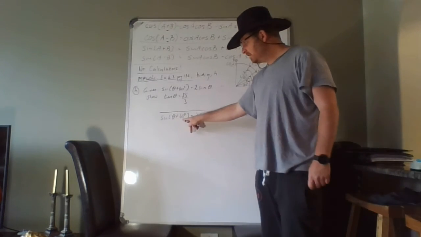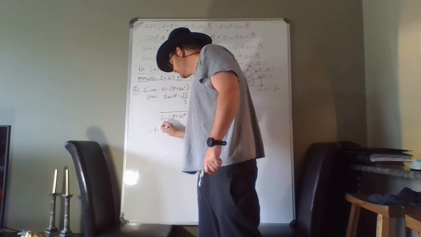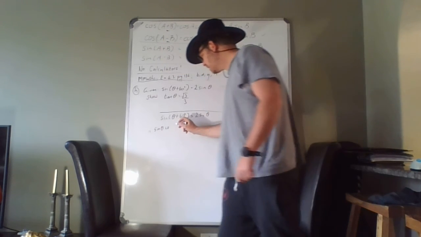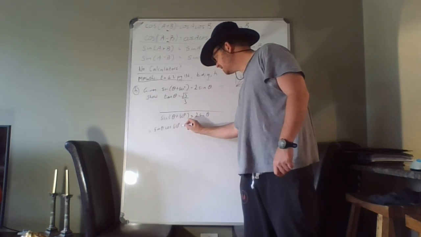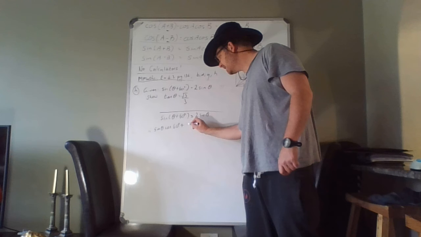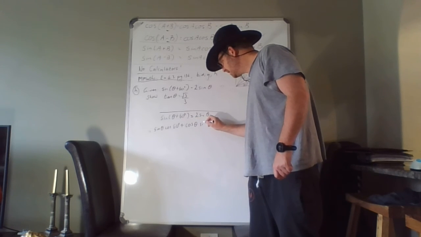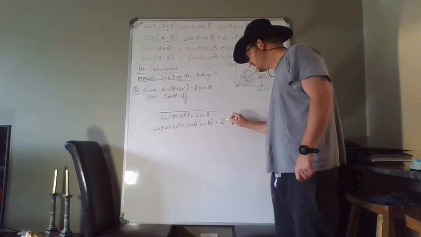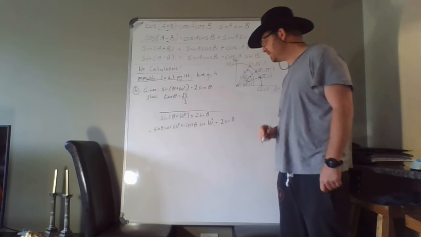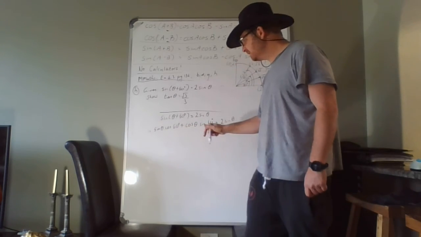Well, the only thing I can do is apply the compound angle formula. So that's going to become sine theta cos 60, and the sign stays the same, so it's a plus, then they swap around, so plus cos theta sine 60, and that we know is equal to 2 sine theta. Nothing much we can do with that apart from evaluate the special angles.